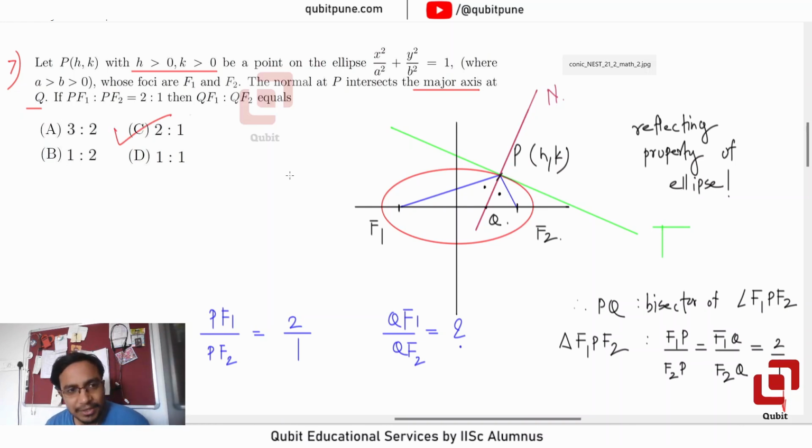Well, now suppose you did not know that property. The derivation is very lengthy, and I don't think it is recommended to derive it, but we can definitely eliminate options B and D. Even if our figure is not very much to scale, we can say that Q will be closer to F2 than F1. That's a qualitative argument that we are making.